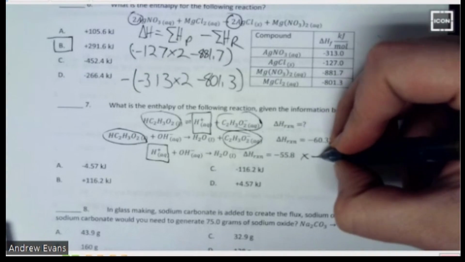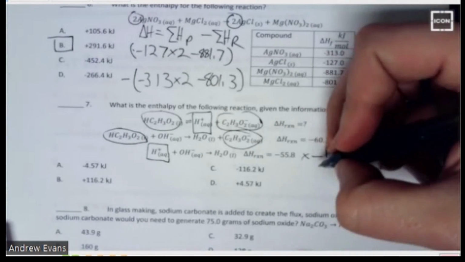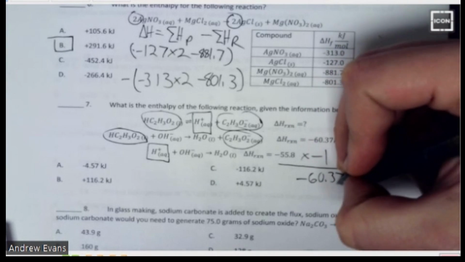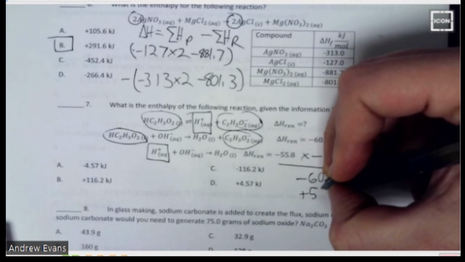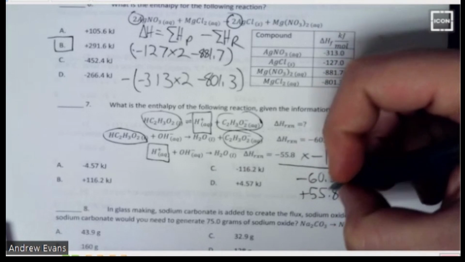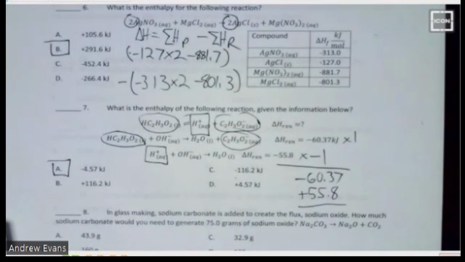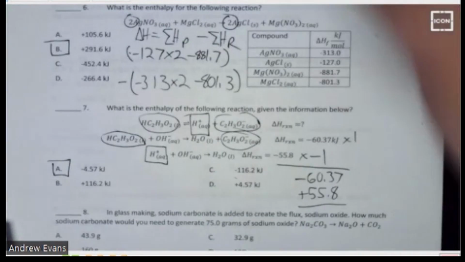So I want to reverse this equation, and then I'm going to add them up. So negative 60.37 plus a positive 55.8 would give us a negative 4.57. Moving right along.